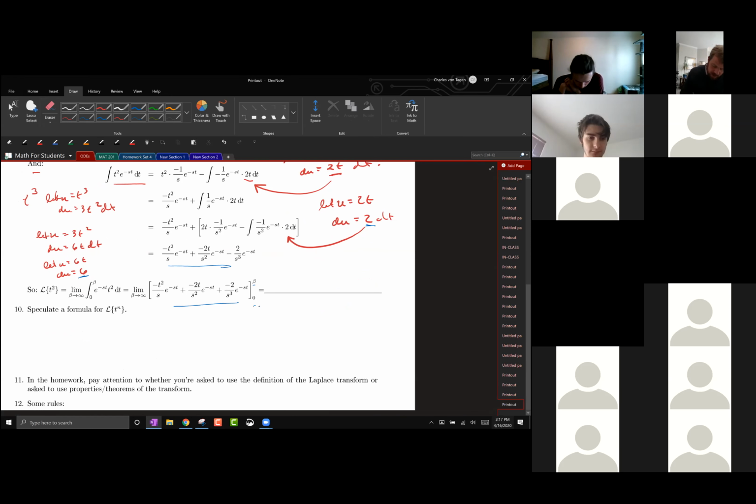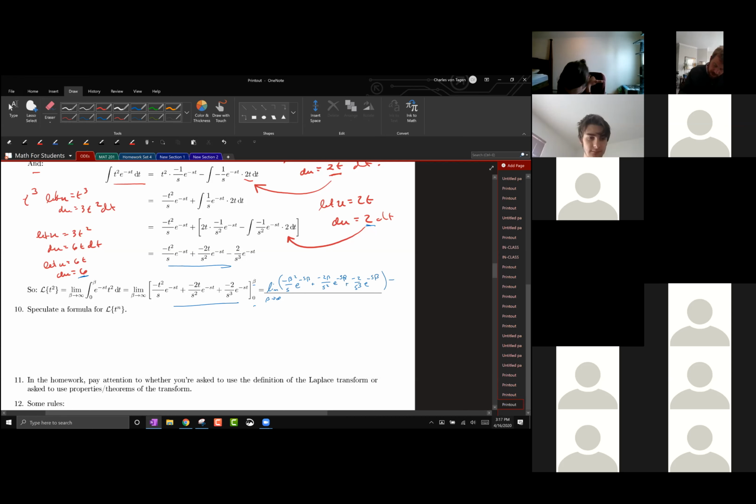So what I want to emphasize is that here we would have the limit as beta approaches infinity of negative beta squared over s, e to the minus s times beta, plus negative 2 beta all over s squared e to the minus s times beta, plus negative 2 over s cubed e to the minus s beta.